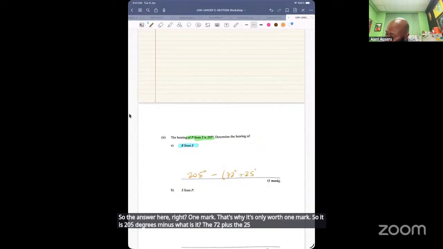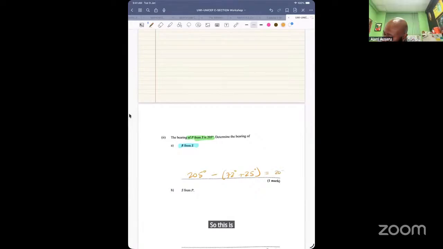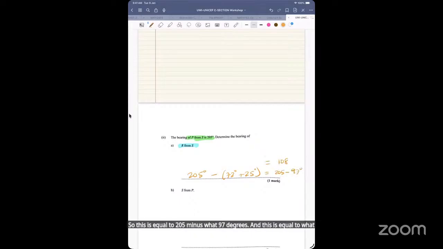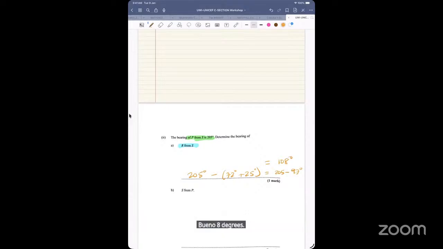So this is equal to 205 minus 97 degrees. And this is equal to 108 degrees. That is why you see it's not much work. That's why it was only worth 1 mark. You understand?